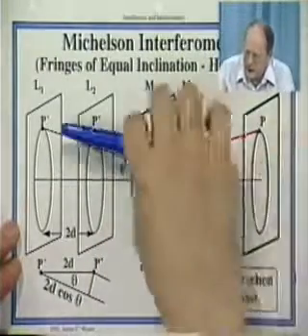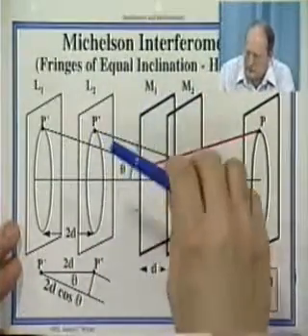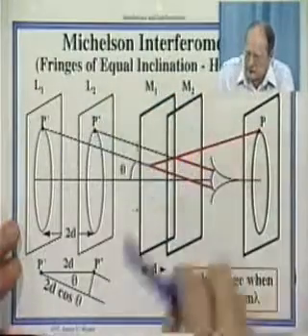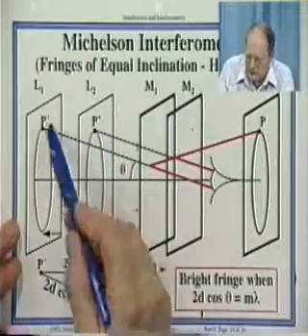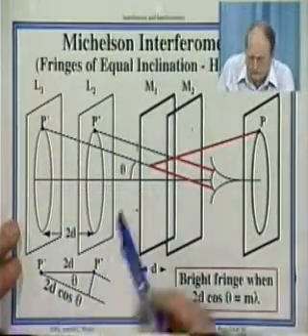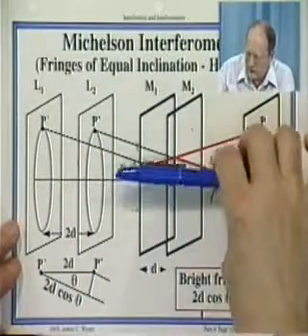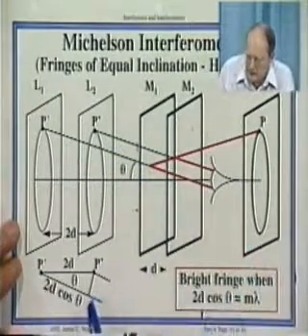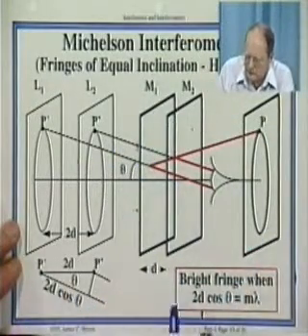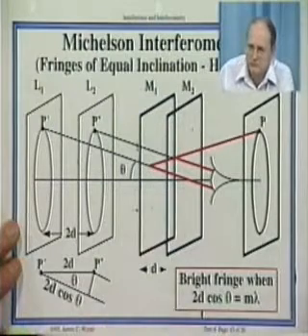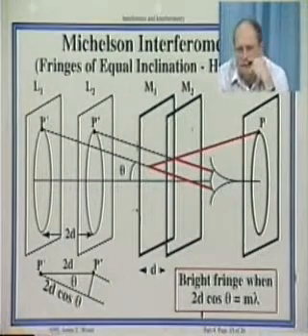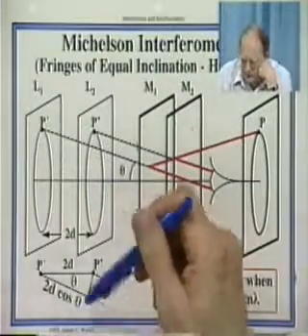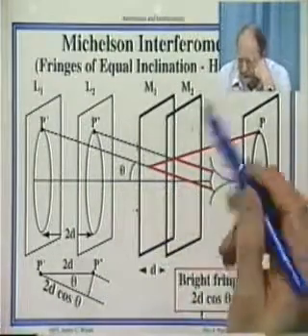I trace the rays back parallel, and I ask what path difference do I see in the light coming from here and the light coming from there. Well, this is separated by distance 2d. I'm looking at an angle of theta, and so the path difference is 2d cosine theta. And we saw that last class when we looked at plane parallel plates. Very similar situation. So the OPD is 2d cosine theta.